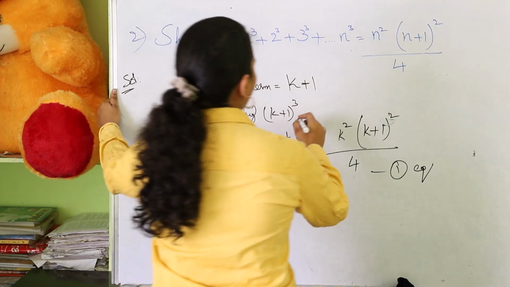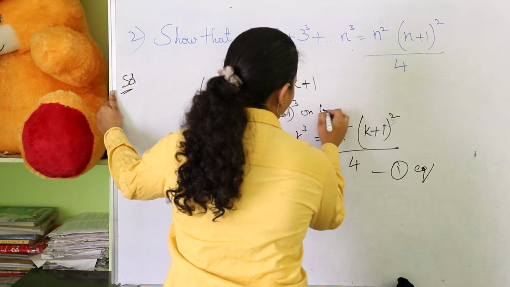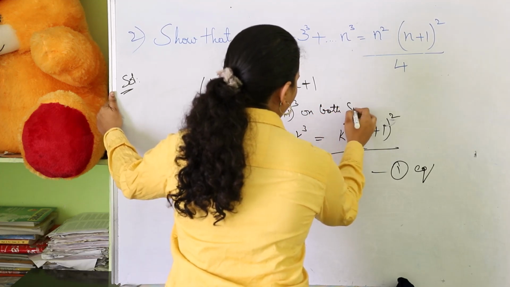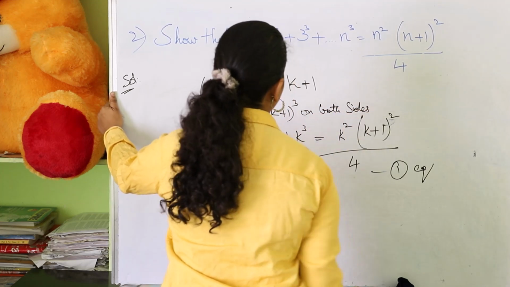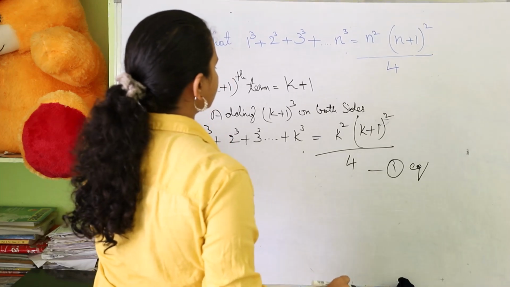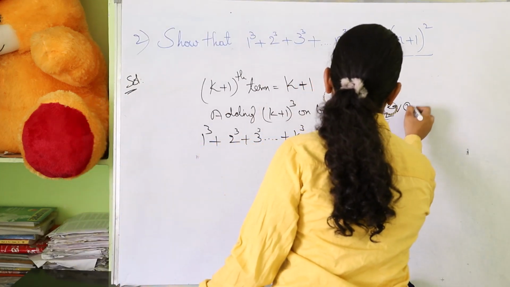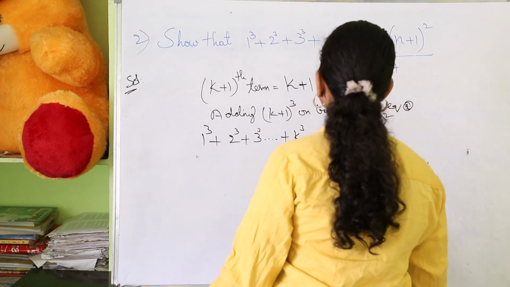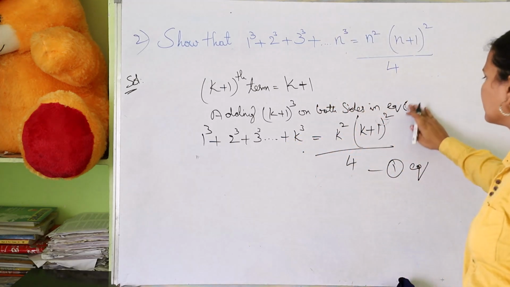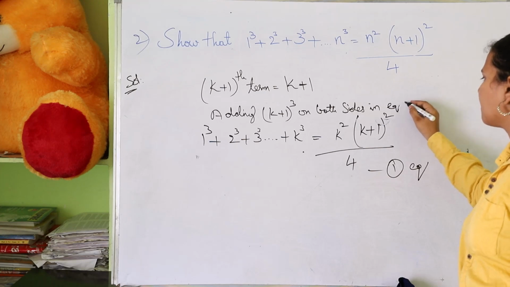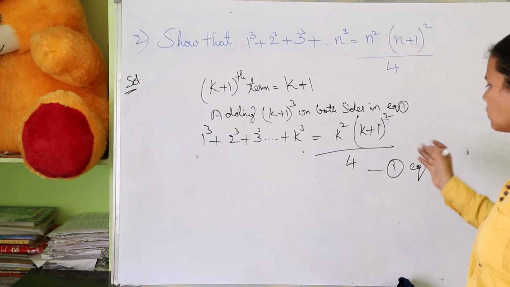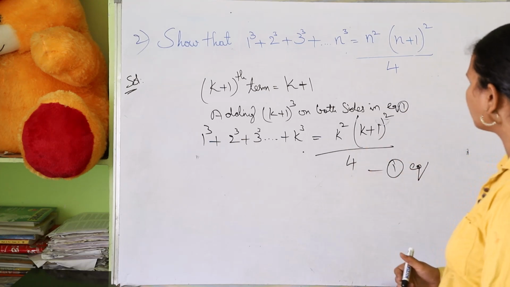Adding k plus 1 whole cube on both sides, in equation number 1. By adding k plus 1 whole cube on both sides in this equation, we get what?